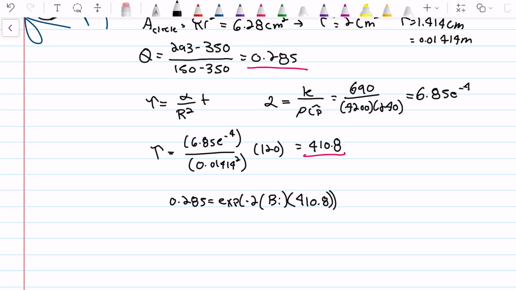Okay, let's take the natural log of 0.285. Negative 1.26 equals negative 2, Bi out number, 410.8. Divide those numbers over.